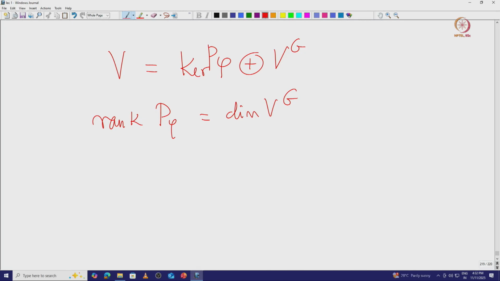So, now if you think about it, the rank can also be reinterpreted in terms of the trace of the matrix. We can actually choose the basis B1 of the kernel and then the basis B2 of the image.